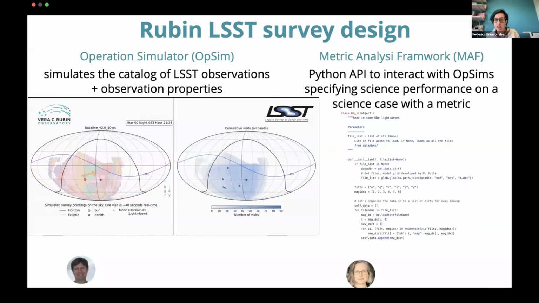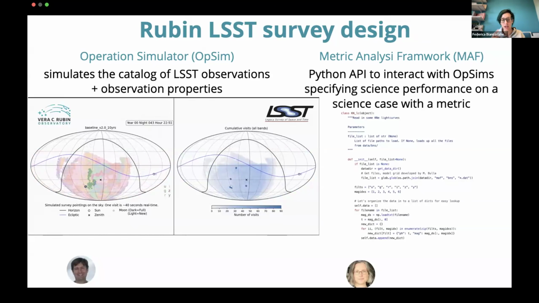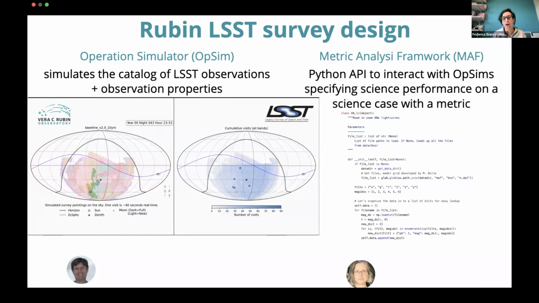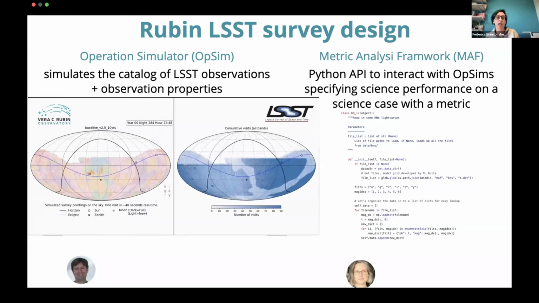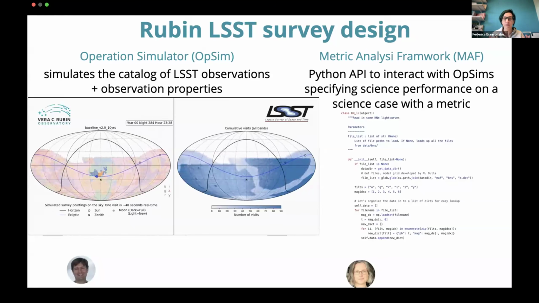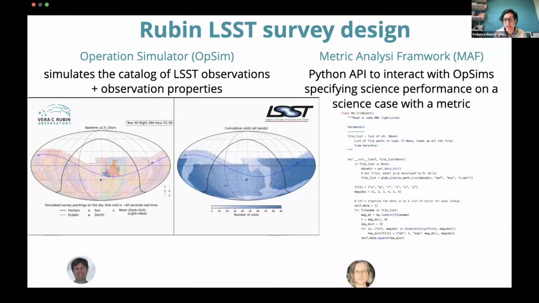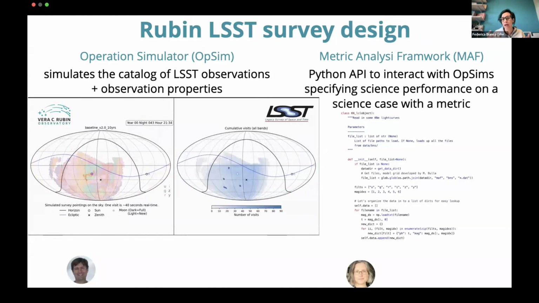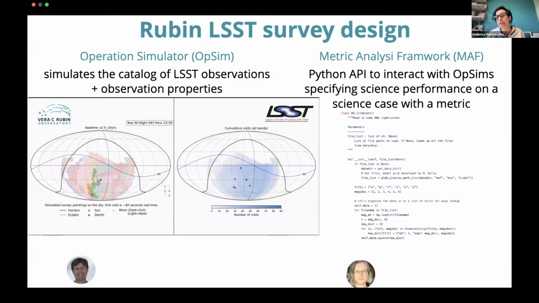And then we have the Metric Analysis Framework, which is a Python wrapper by which you can code up the science throughput of a specific database realized by an OpSim to see how well it would do your science. For example, if your science depends on having a large footprint, you may see how the footprint evolves over time, and you may come up with a metric that, based on the size of the footprint over time, measures your ability to do science.